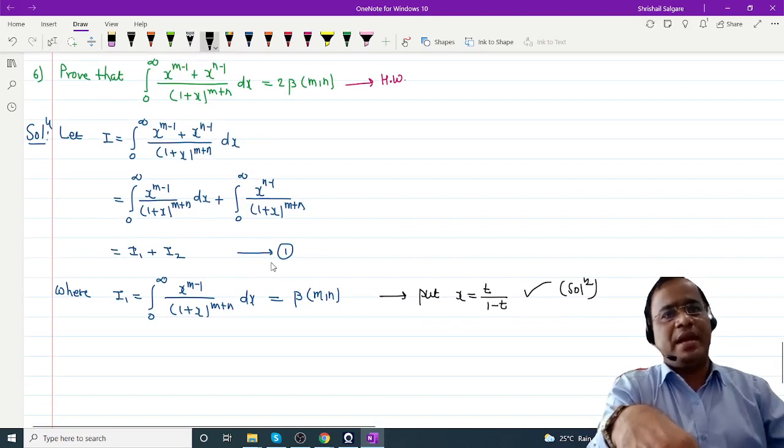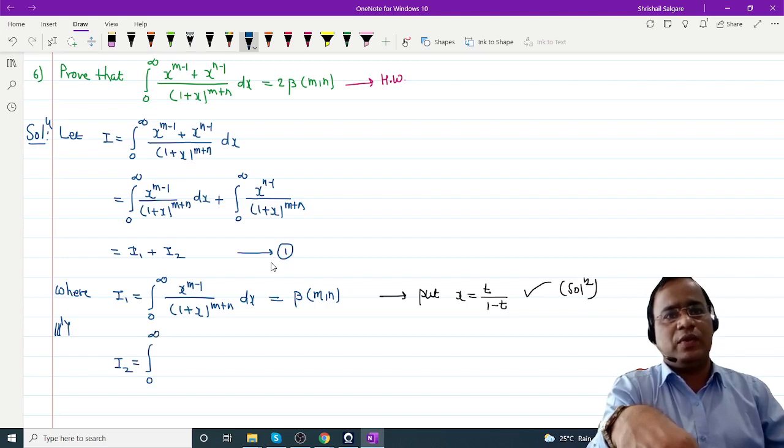Now in the same manner, similarly, the second integral, don't evaluate it. You have to change the role of m and n in integral 1. Integral 0 to infinity of x raised to n minus 1 divided by 1 plus x raised to m plus n dx. Now it will come as beta of n, m. Is it okay?